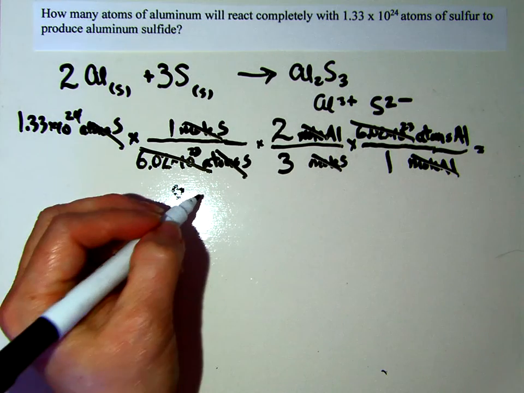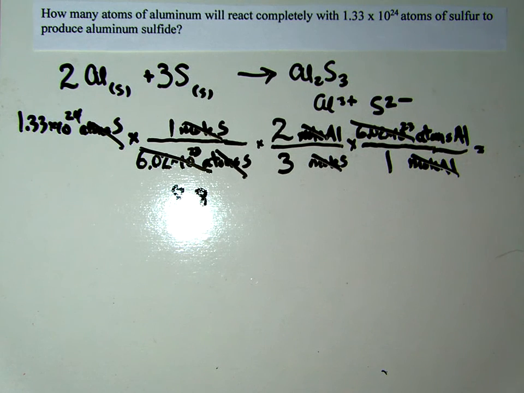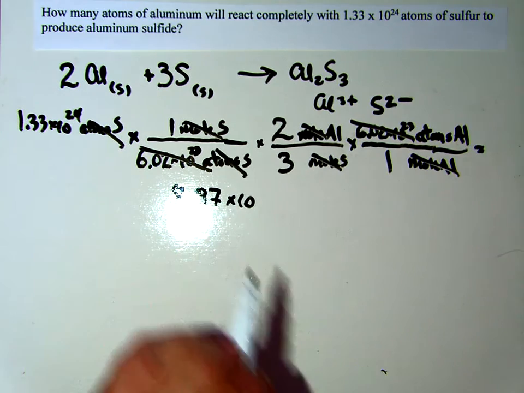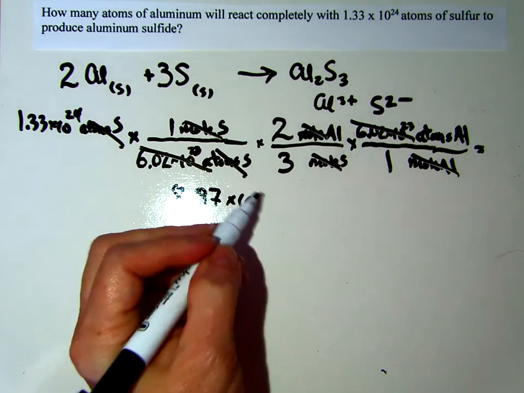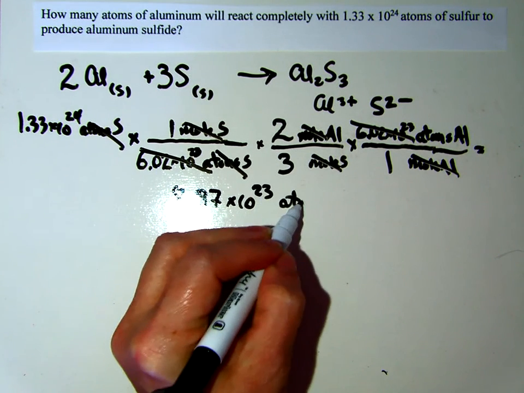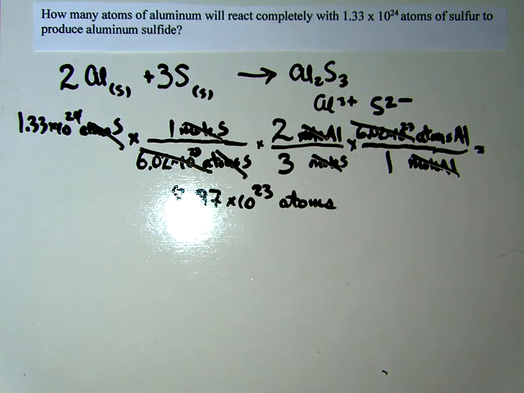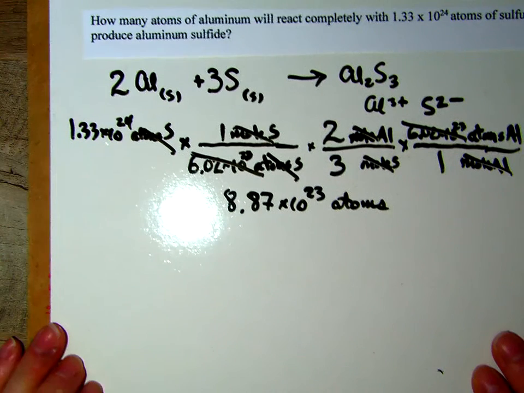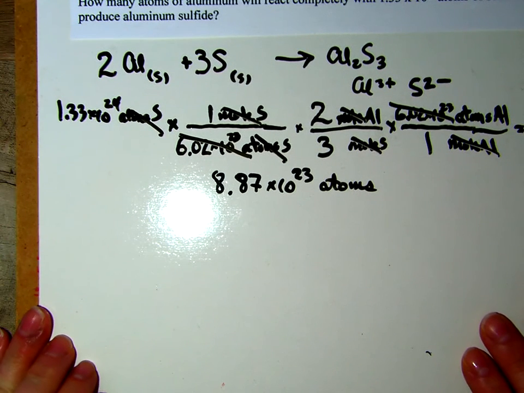Is it 8.87? Yeah, 8.87 times 10 to the 23rd atoms.